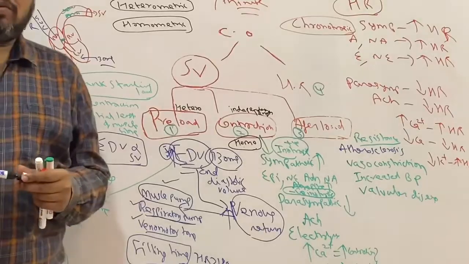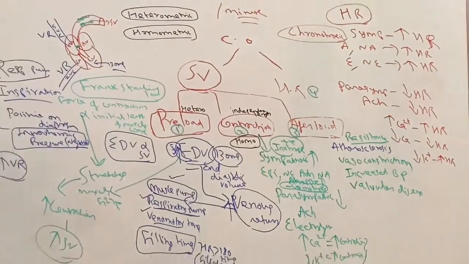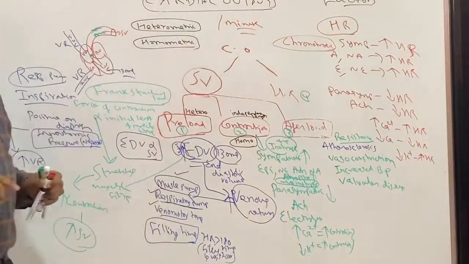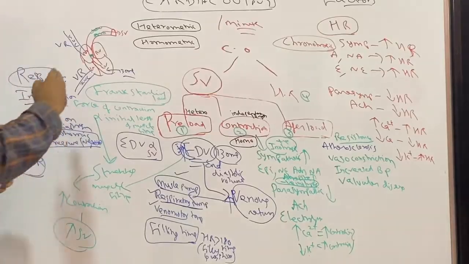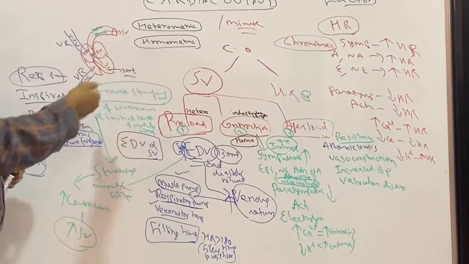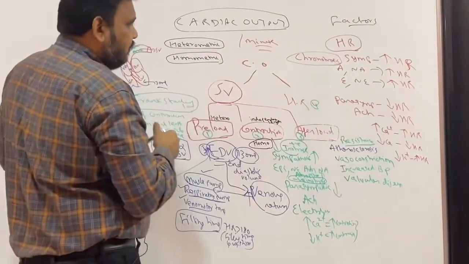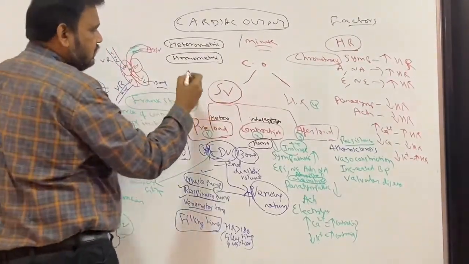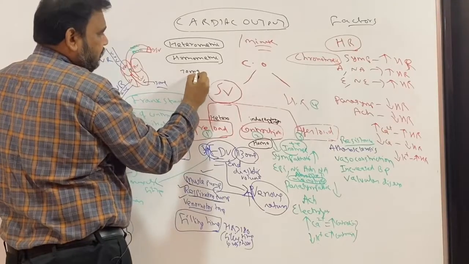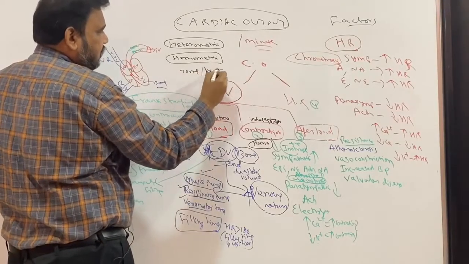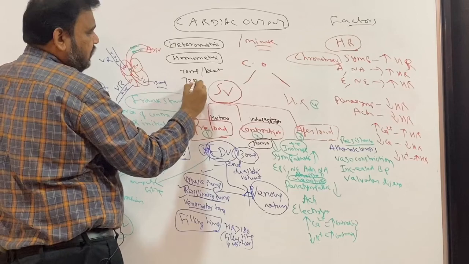So I want to summarize overall. Today I discussed cardiac output. The definition of cardiac output is the amount of blood ejected from the ventricles in 1 minute. I already mentioned for 1 beat it is 70 ml per beat, and your heart rate is 72 beats per minute.